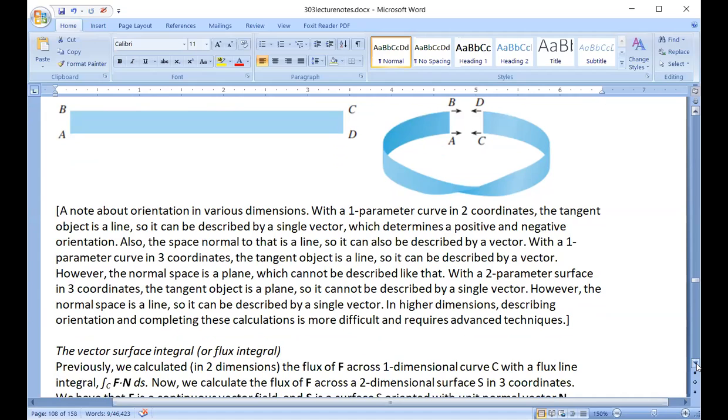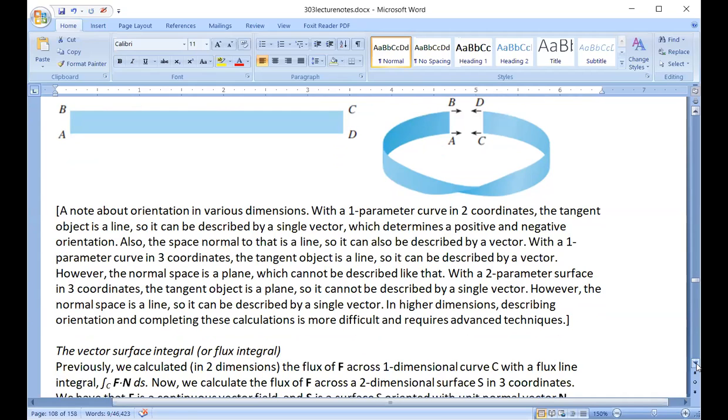First, as a reminder of where this comes from, remember that we did have a flux line integral. Previously, we calculated the flux of vector field F across a one-dimensional curve C with what we call the flux line integral, the integral over the curve C of vector field F dot unit normal n ds.